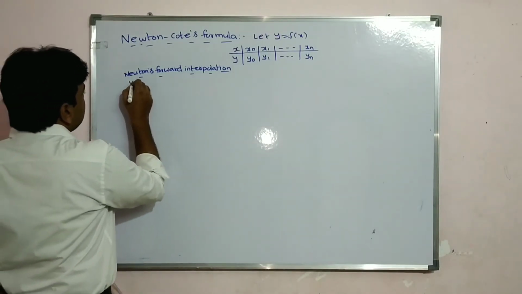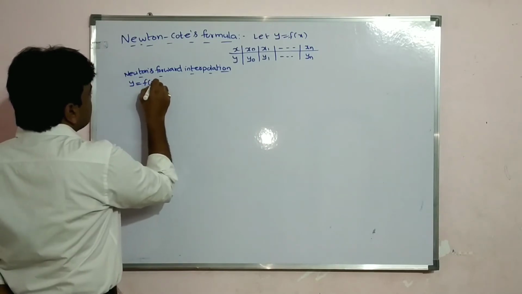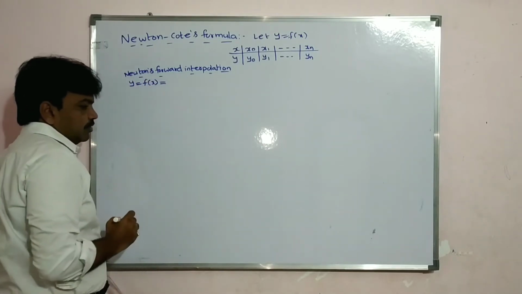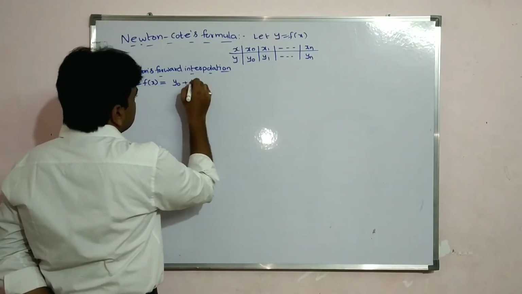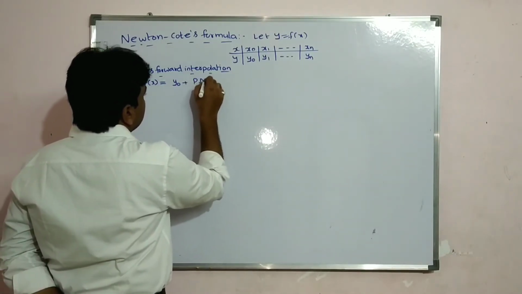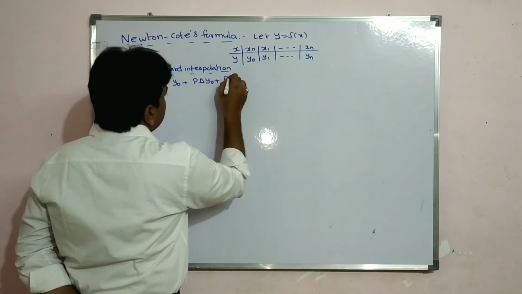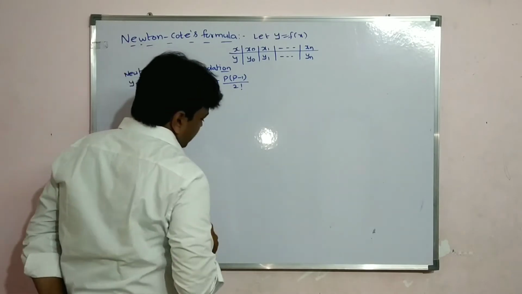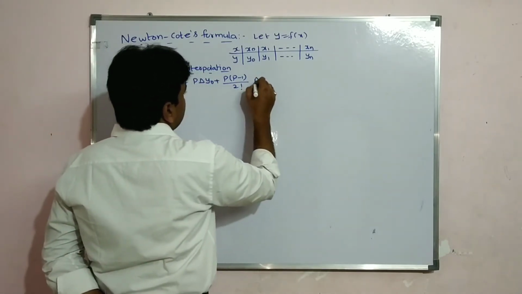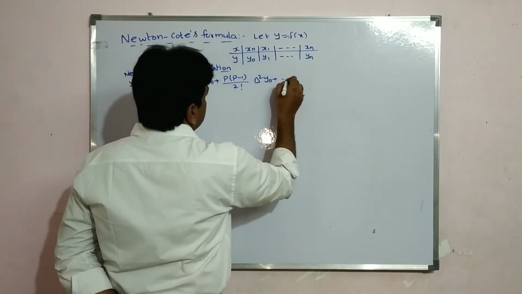So y is equal to f of x, that is equal to, what is the formula, students? y0 plus p into del y0 plus p into p minus 1 by 2 factorial into del square y0 plus and so on.